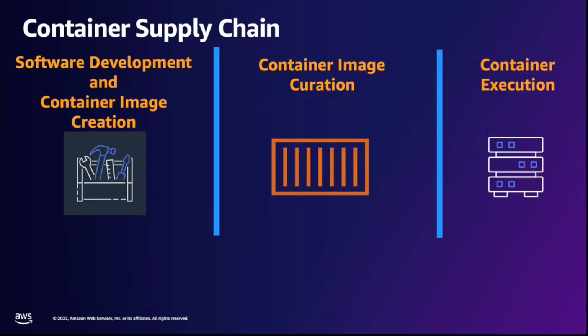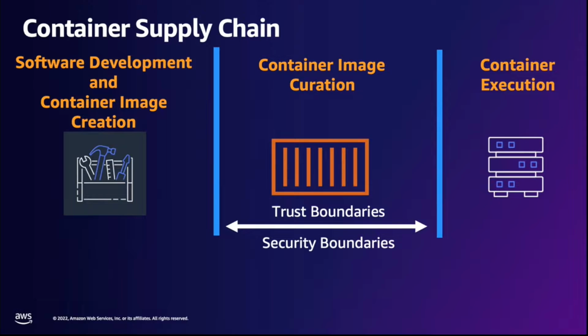You also have the container image curation and the execution, right? We have isolated these three steps into trusted tiers, right? But most important, and the thing that I wanted to mention, is that whenever you are designing your system, they need to be recreated easily, right?